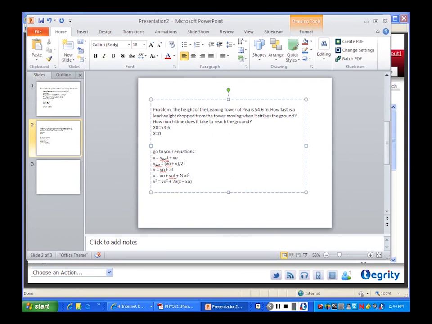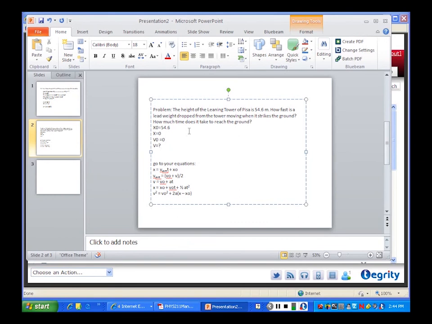V0 is how fast it's going when it starts to fall. Well, that means obviously V0 equals 0, right? And V final we don't really know. Actually we're looking for that, and right up here it says how fast is it moving when it strikes the ground. Oh, okay, that's cool. All right, so I might put that down as V equals question mark, just to indicate that it's something I'm looking for.